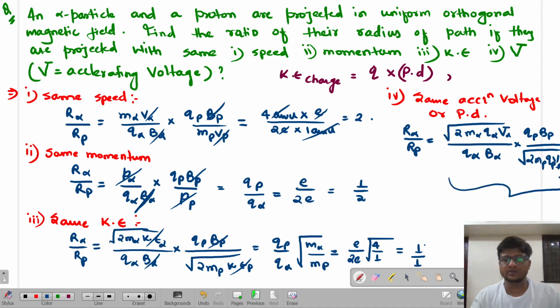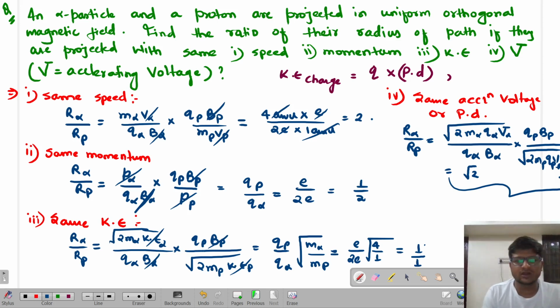This formula I have. Is that clear or not? So it will come as root 2 basically. Clear?